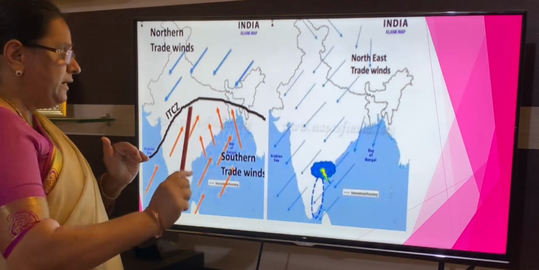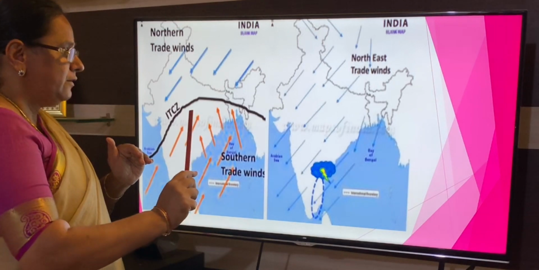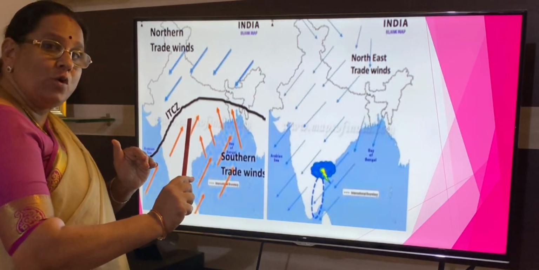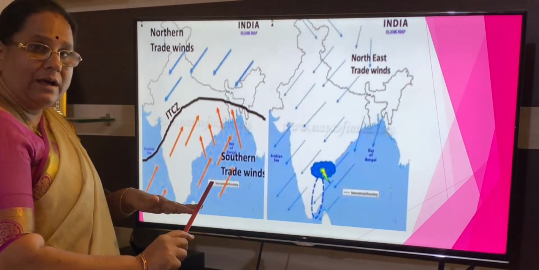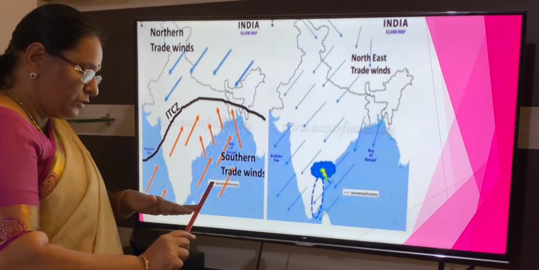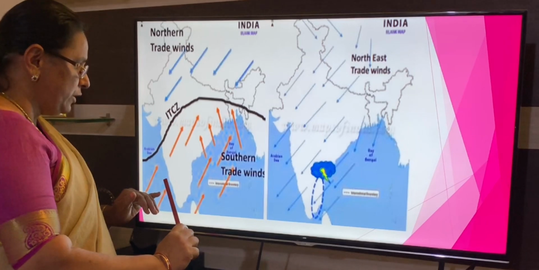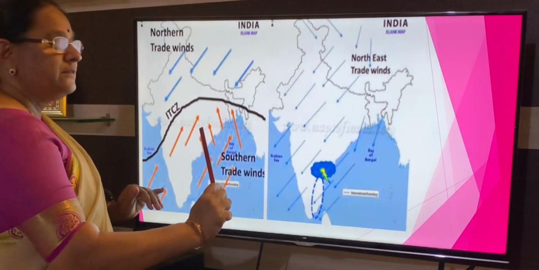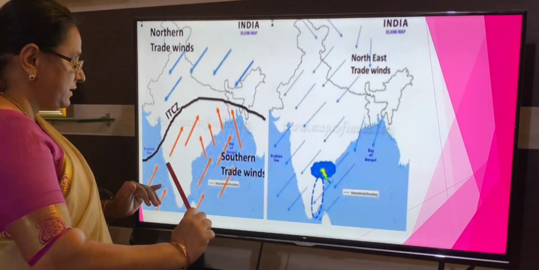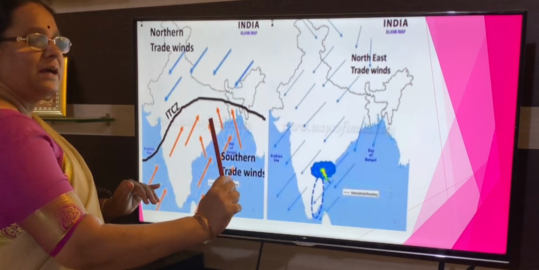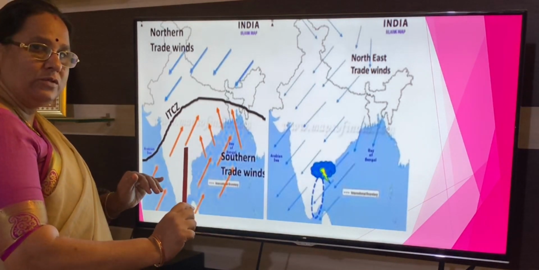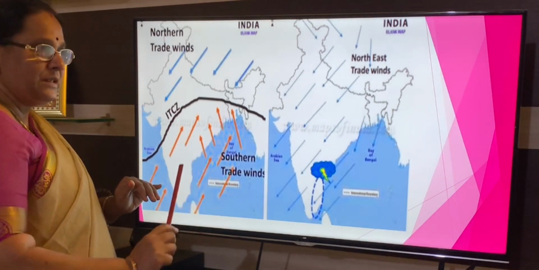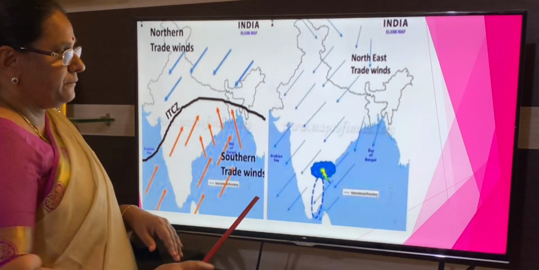Temperature is rising, in the central part we develop low pressure, and the Indian Ocean will have high pressure. Due to this, the wind starts blowing towards the southwest direction. So, due to this, we get the southwest monsoon season. Is that clear, children? Now, next.